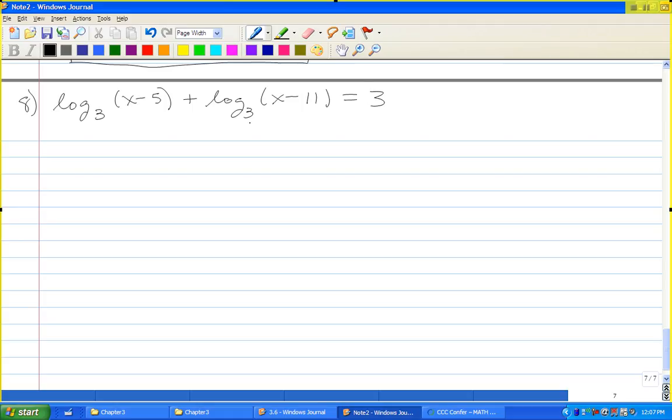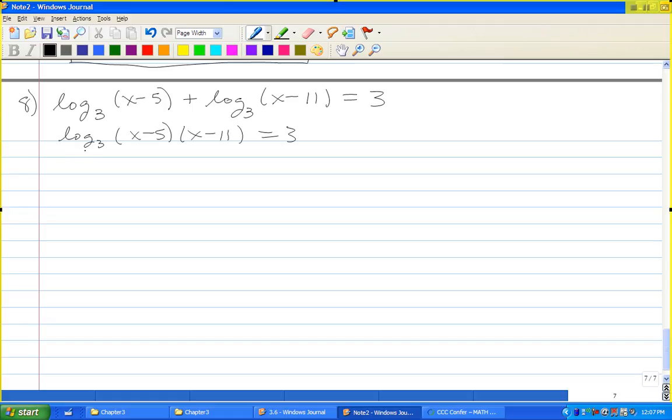This is the same as the log base 3 of (x minus 5)(x minus 11) equaling 3.